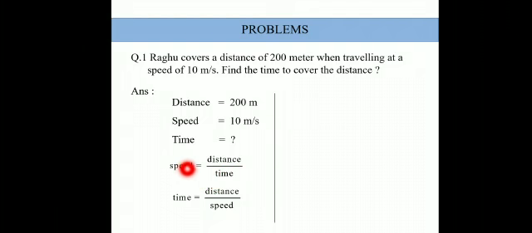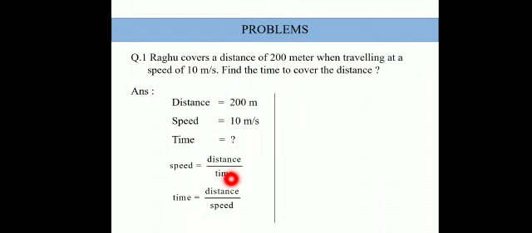So distance is equal to speed into time, speed is equal to distance upon time, and time is equal to distance upon speed, because here we have to calculate time. Okay, so there are three rules that everyone should follow. Number one, get the right formula. This last one is the right formula that we want, because we have to find out time. So time is on the left hand side. That is how the formula should look.